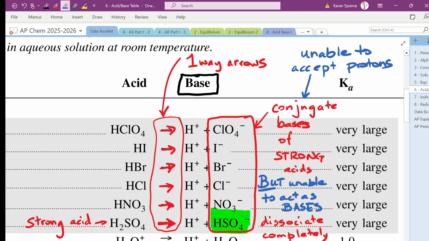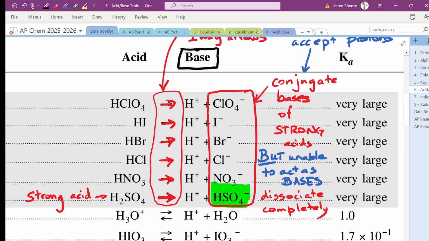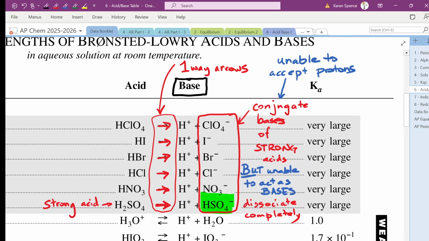That means that HSO4 minus, although it can act as an acid, is unable to act as a base. Therefore, it is not amphiprotic. It is the one and only thing that has an H and a negative charge and is not amphiprotic. Is that good? Any questions?